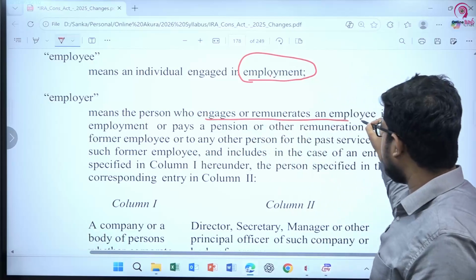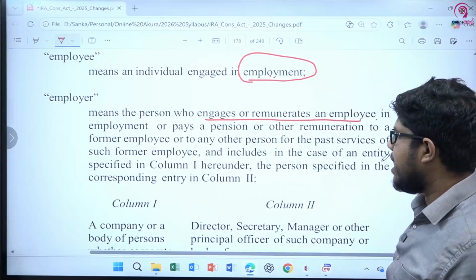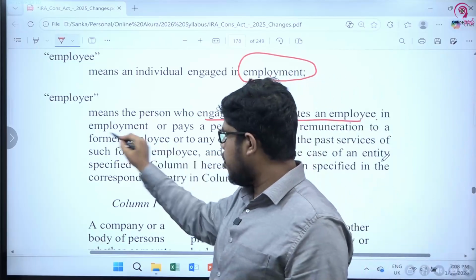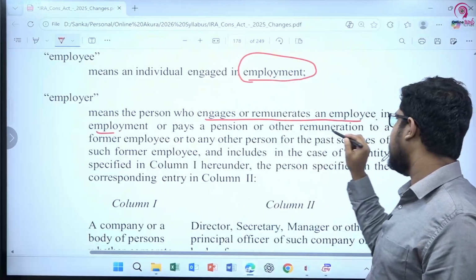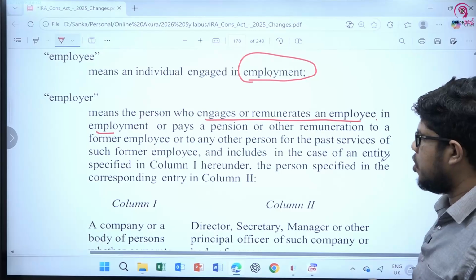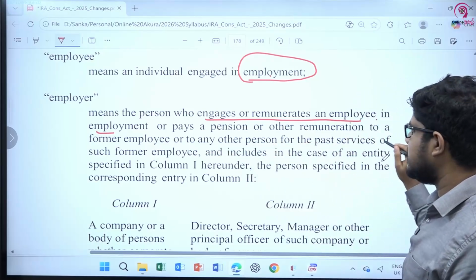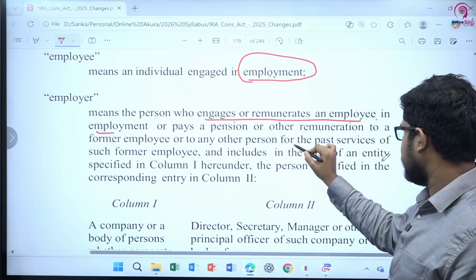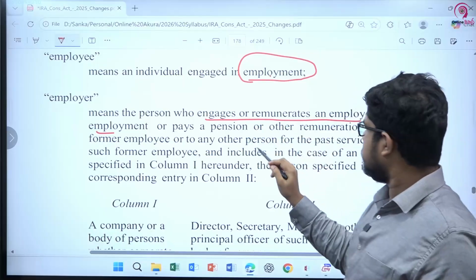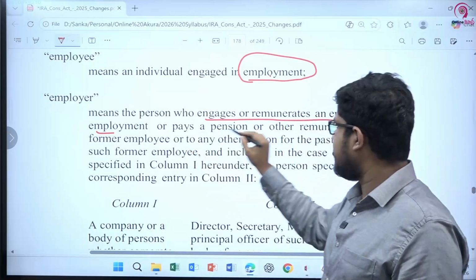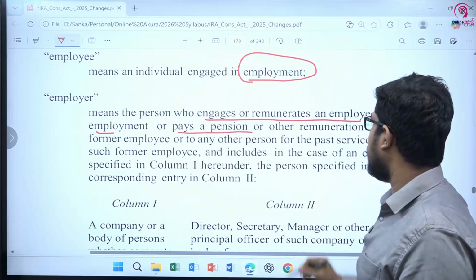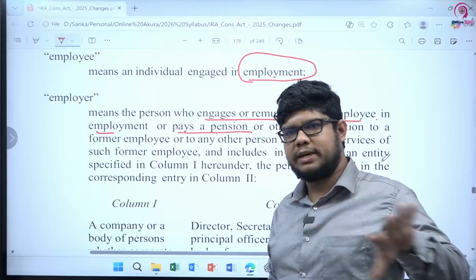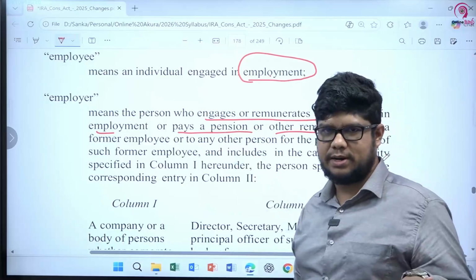Engages or remunerates an employee in employment, or pays a pension or other remuneration to a former employee or to any other person for the past service of such former employee. So what does this mean? You are paying a pension or other remuneration. Now there are employees who already retired. For these retired employees you are paying pensions, right?